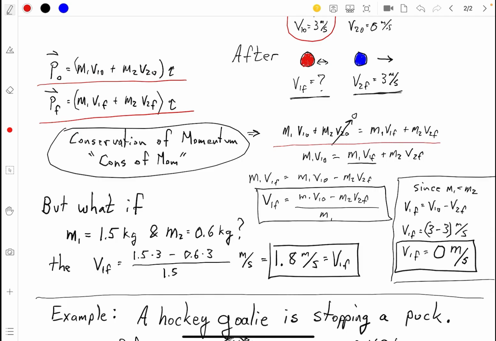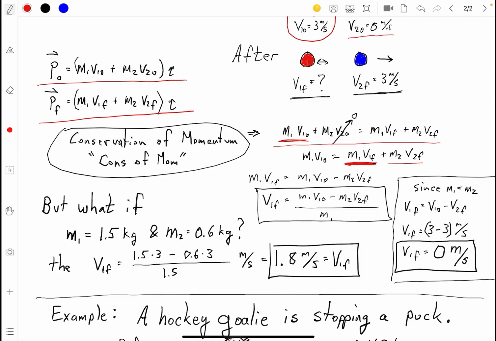And I've scratched through m2 v2 initial, because v2 initial is 0. So that goes to 0, so we don't really care about that. The only thing that we're left with is m1 v1 initial, and that equals this guy here and this one. But we really want this one, okay? That's the one we really want, so we're going to solve for that.